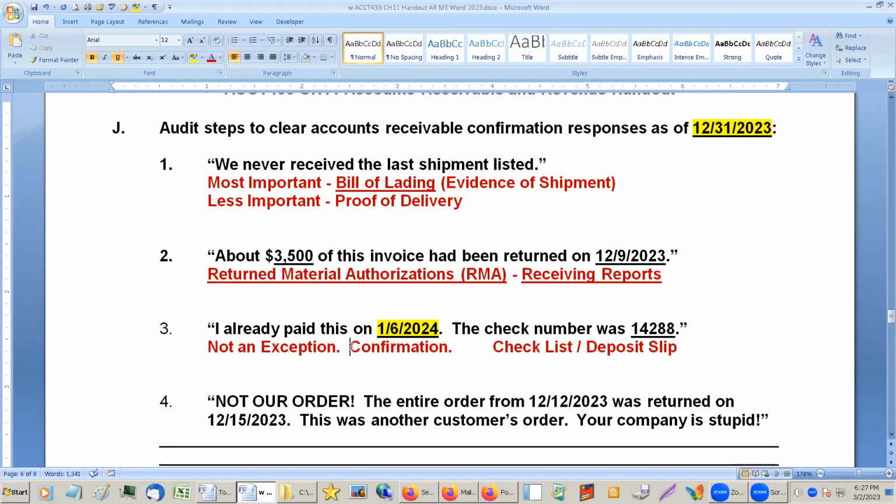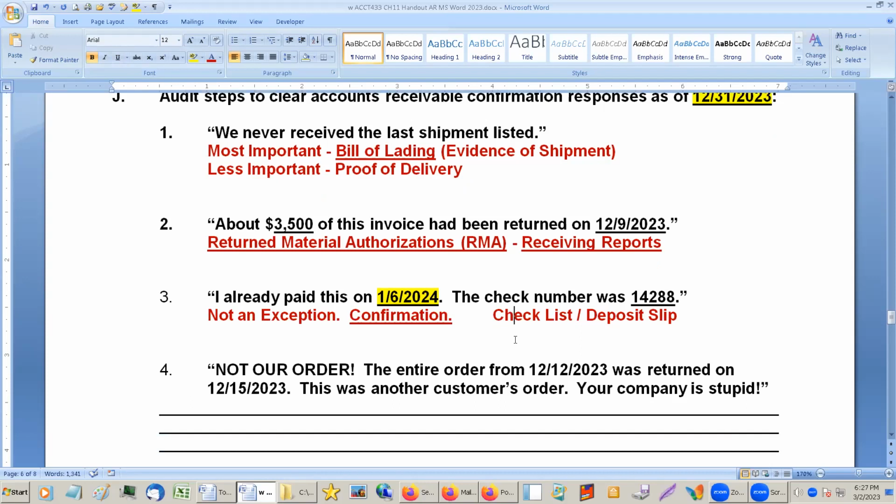And it is a confirmation. Again, you might check this to make sure that they actually did send it in, and that this is not just something they made up. But if you do go to the checklist of the deposit slip and you see it on there, yeah, it's a confirmation.